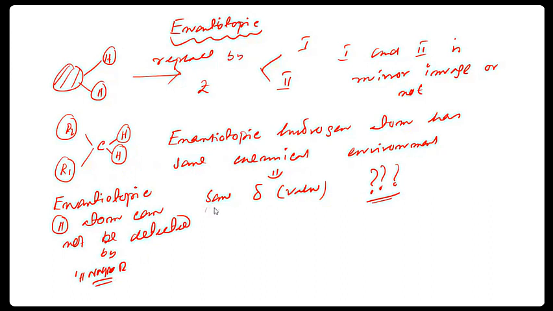Number two solution is a very fantastic solution. Use one chiral solvent. In NMR spectroscopy, your molecule has to be dissolved in a solvent. If that solvent is a chiral solvent, then the chiral solvent will provide a chiral environment. Very fundamental things.